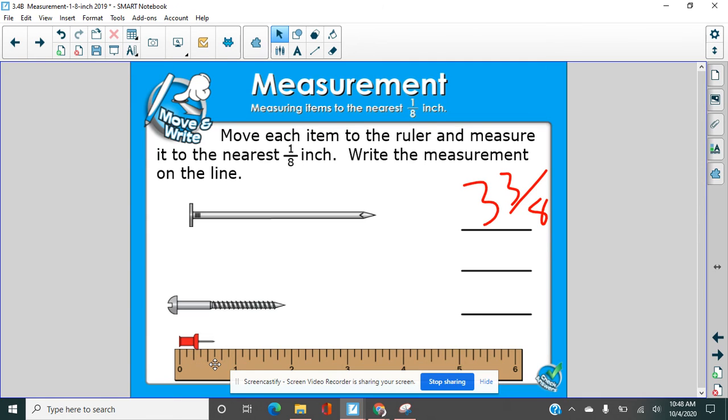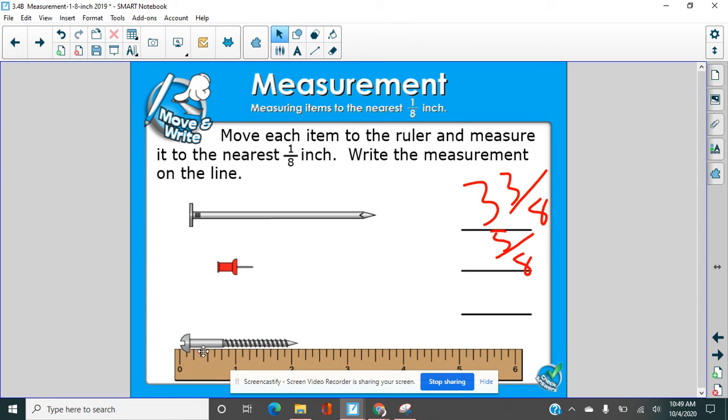What is the measurement of this pin? 5/8 of an inch. I would write it like this, 5/8.